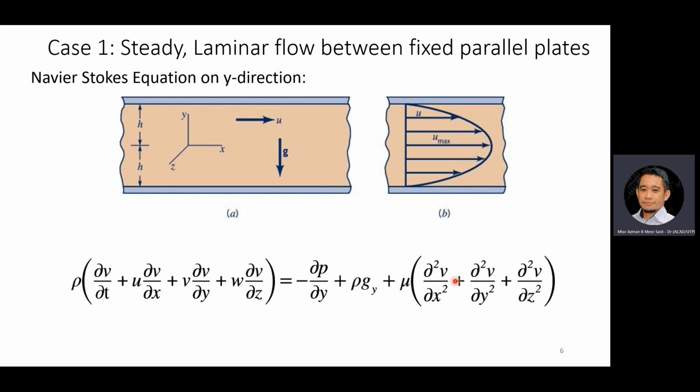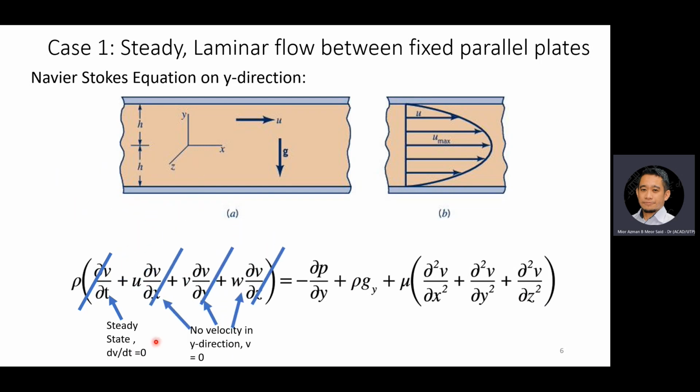And now we apply Navier to the y direction as well. So these are the equations in the y direction: partial v over partial t plus u partial v over partial x, and so on. Again, we apply the steady state condition, so the change with time equals 0, and the convective acceleration all equals 0 because there's no velocity in the y direction, v does not exist.